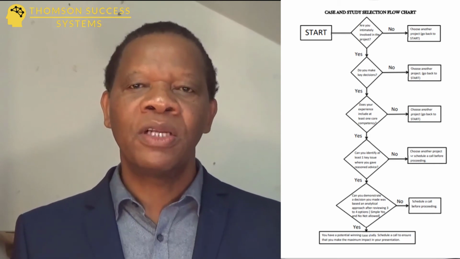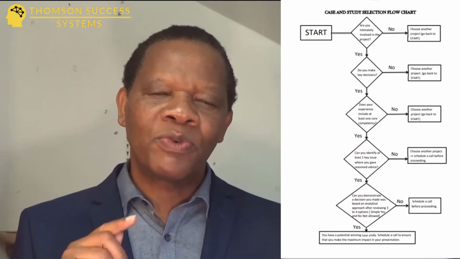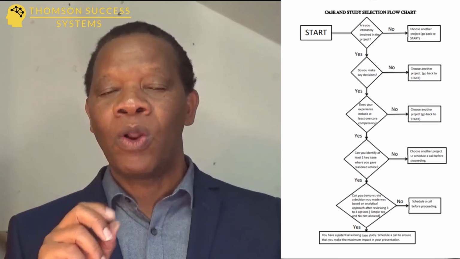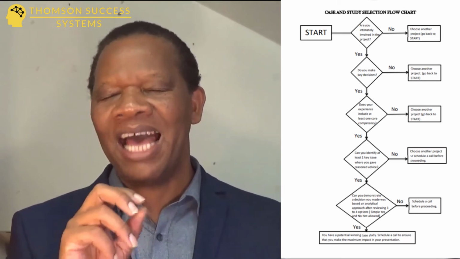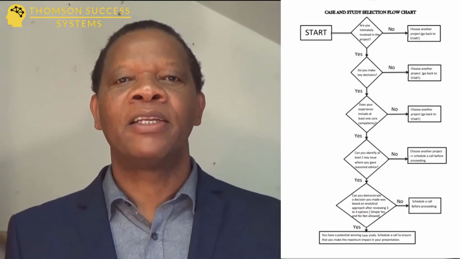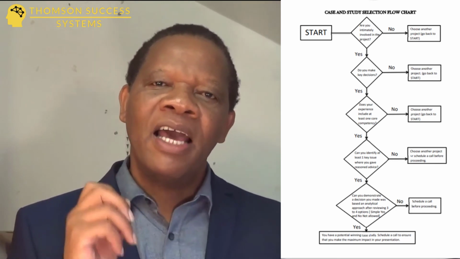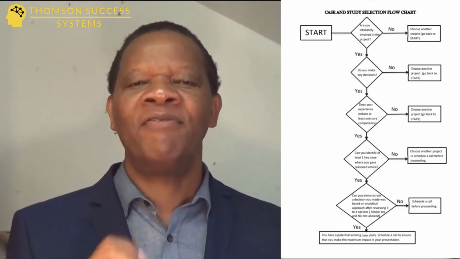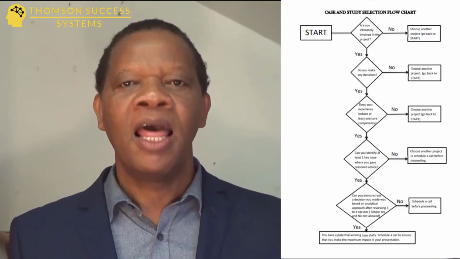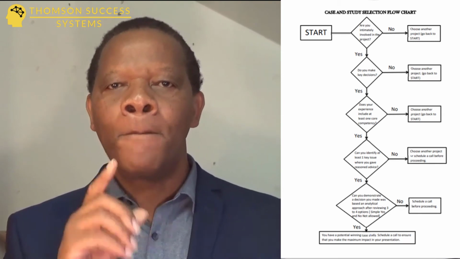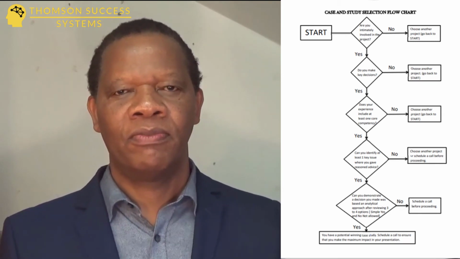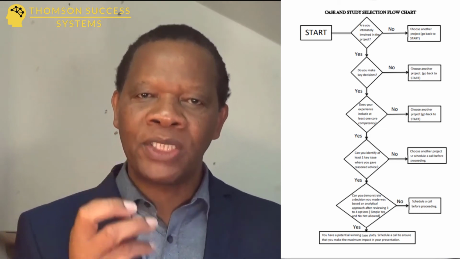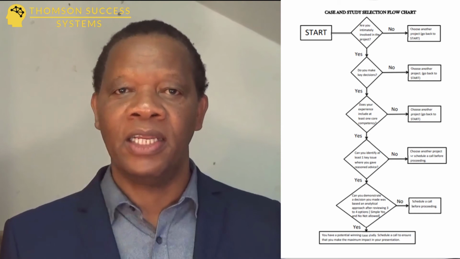Condition number four, it has to include an issue where you gave or are likely to give some reasoned advice. And condition number five, that reasoned advice, the conclusion should have been arrived at after examining 3 or 4 possible solutions. If you satisfy those conditions, you have got the potential for a winning case study.